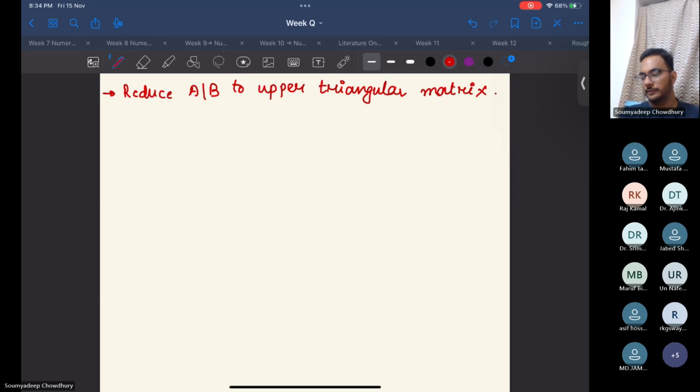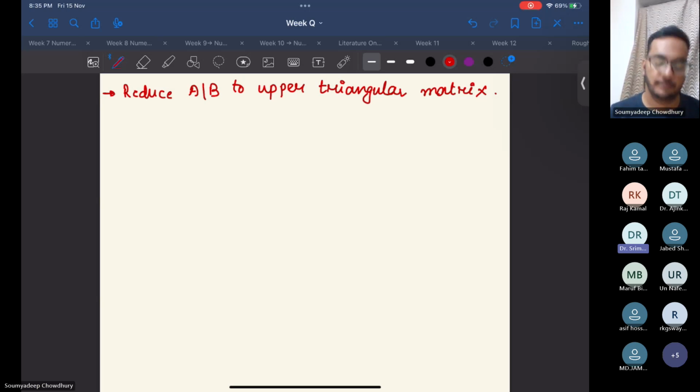Anyone? Sir, I don't know the name, but I can write it. Yes, madam, you're telling something. Upper triangular means the division made by these diagonal elements.